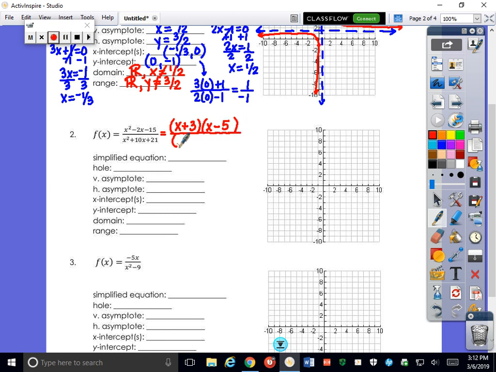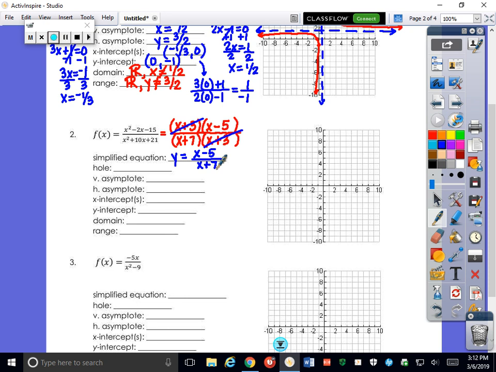On the bottom, I'm looking for 2 factors of 21 that add up to 10, and those are going to be 7 and 3. So when I do that, I'm going to end up canceling the x plus 3's, and so your simplified equation is going to be x minus 5 in the numerator and x plus 7 in the denominator.